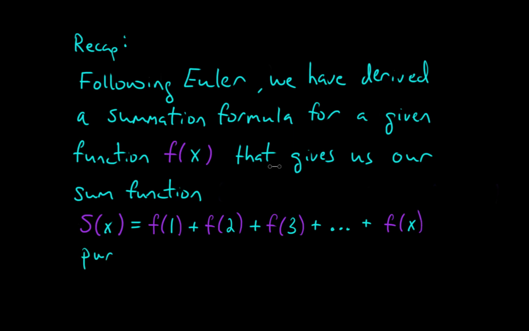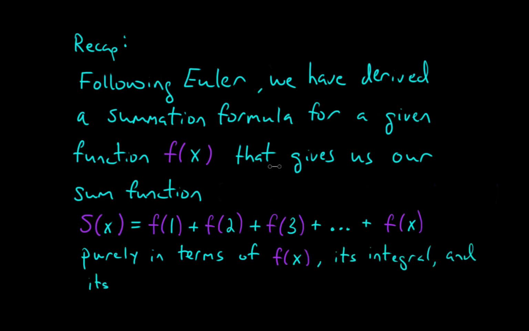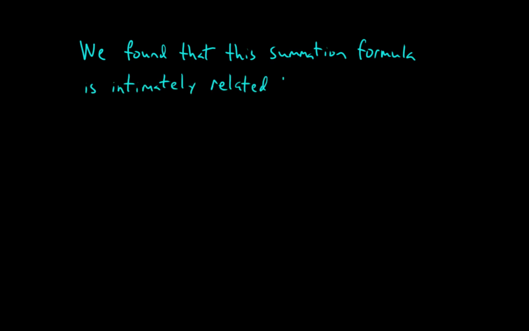And this formula gives us s of x purely in terms of f of x, its integral, and its derivatives of all orders. Furthermore, we found that the Euler MacLaurin summation formula is intimately related to the sequence of numbers known as the Bernoulli numbers.